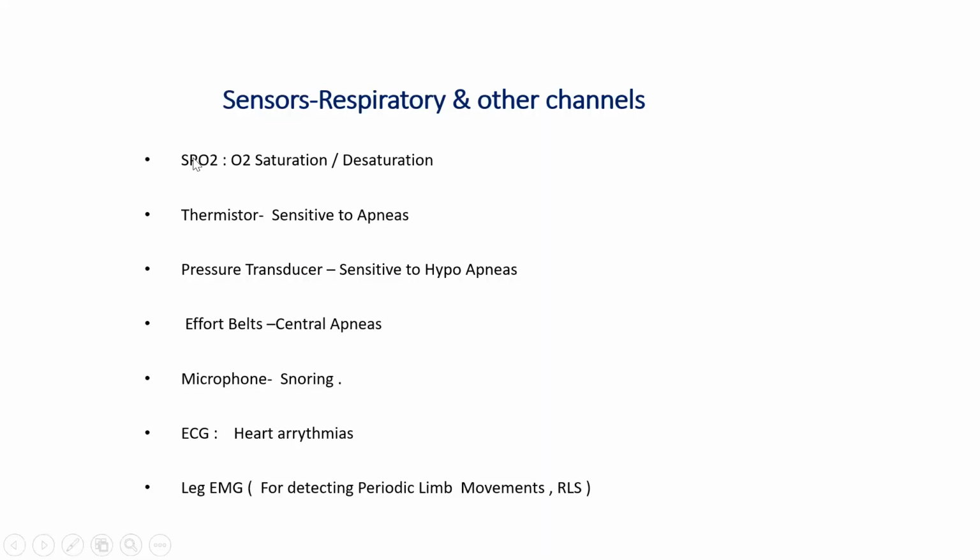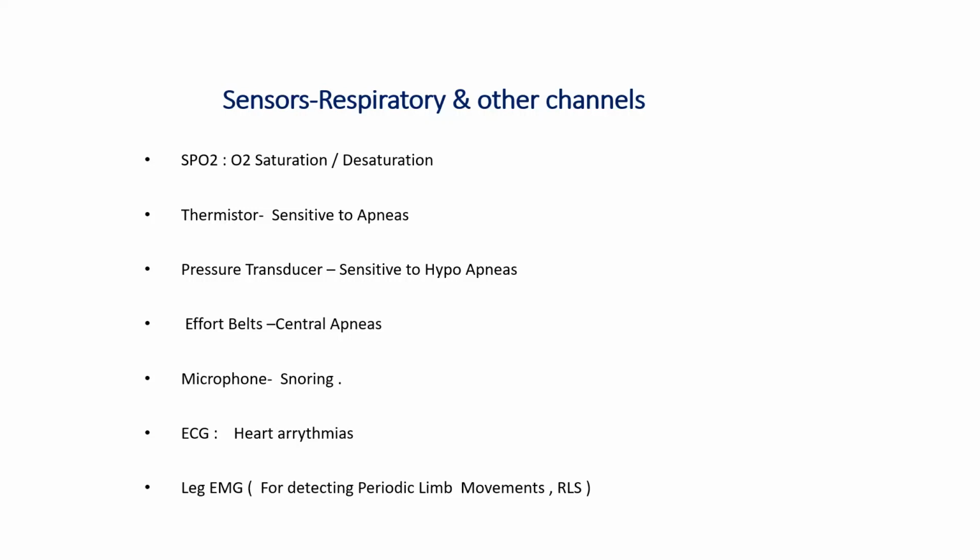For example, we need a pulse oximeter to look at desaturations, which is a requirement anyway for marking hypopneas. We need a thermistor, which is sensitive to apneas. We need a pressure transducer, which is sensitive to hypopneas. We need effort belts because we also need to look at central apneas. We need a microphone, which is good for snoring.